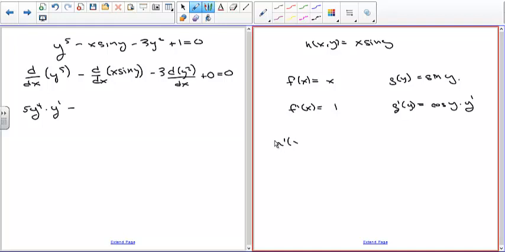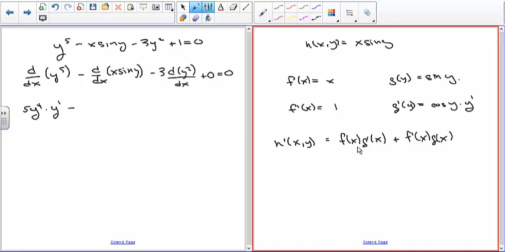So the derivative of a function that's a product of two parts is going to be f(x) times g'(x) plus f'(x) times g(x). That's the first times the derivative of the second plus the derivative of the first times the second.